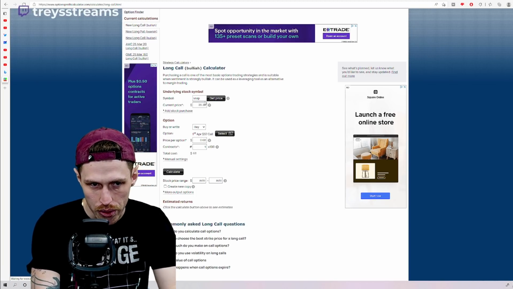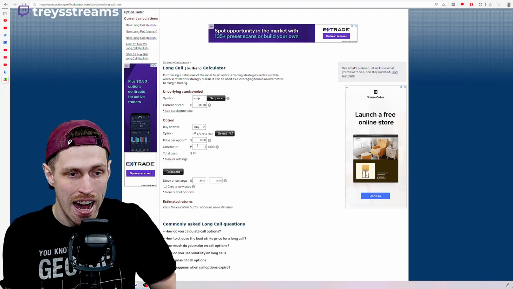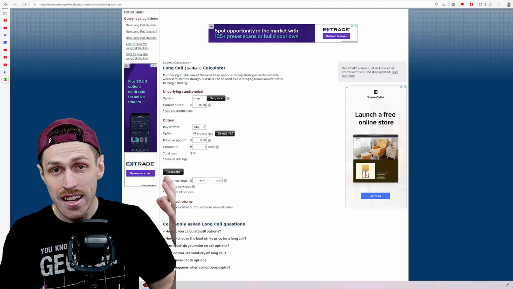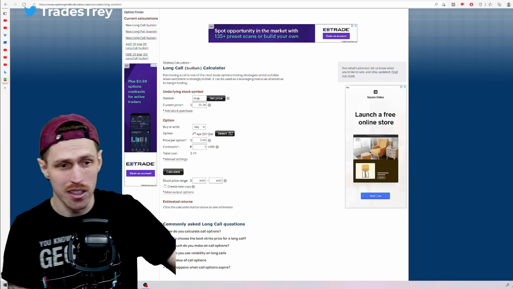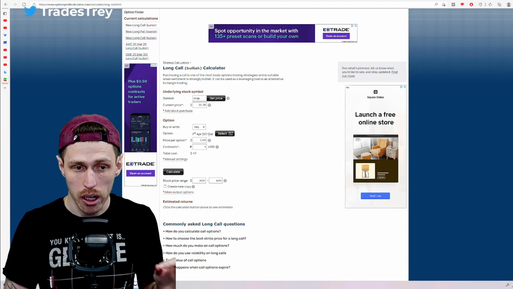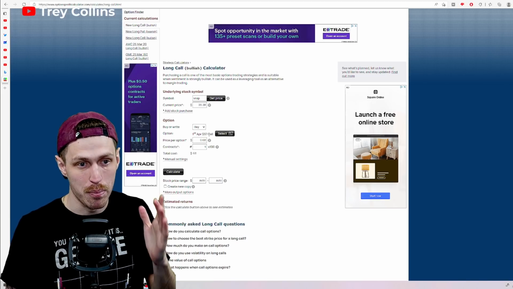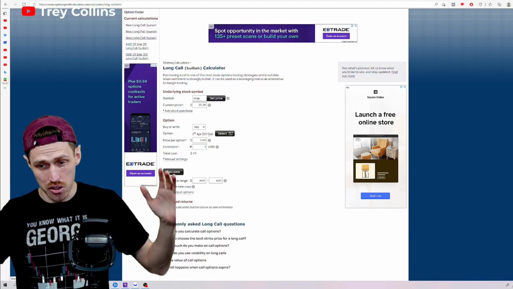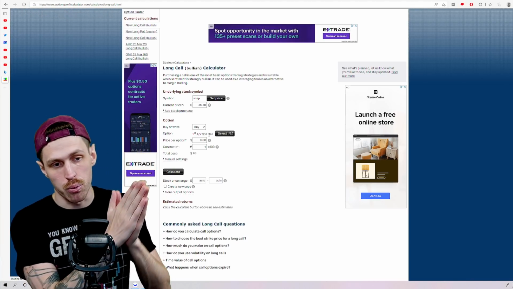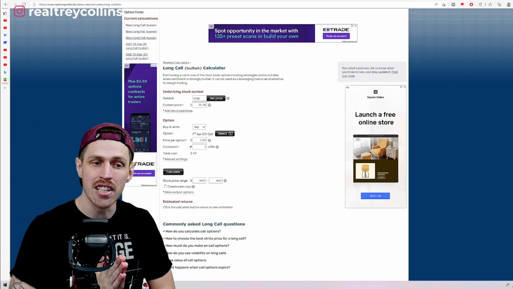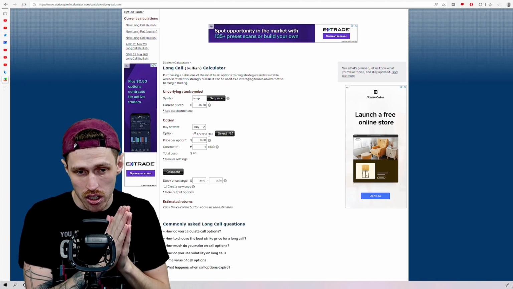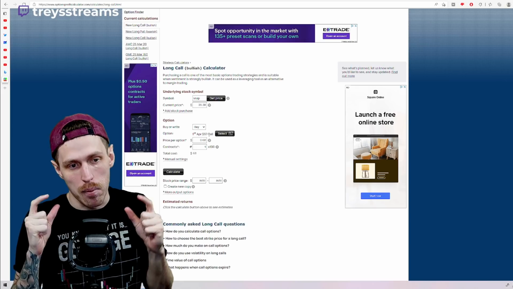Now, if the price is currently at $35.38, that would mean that I personally want to see this either A, go up to or above $37, or B, get out of this very quickly when it does make some form of a move up. Because the most important thing to understand with calls and or puts is you don't need them to reach your strike price. You only need them to go up and to manage your risk accordingly to Theta, which we are going to dive into.